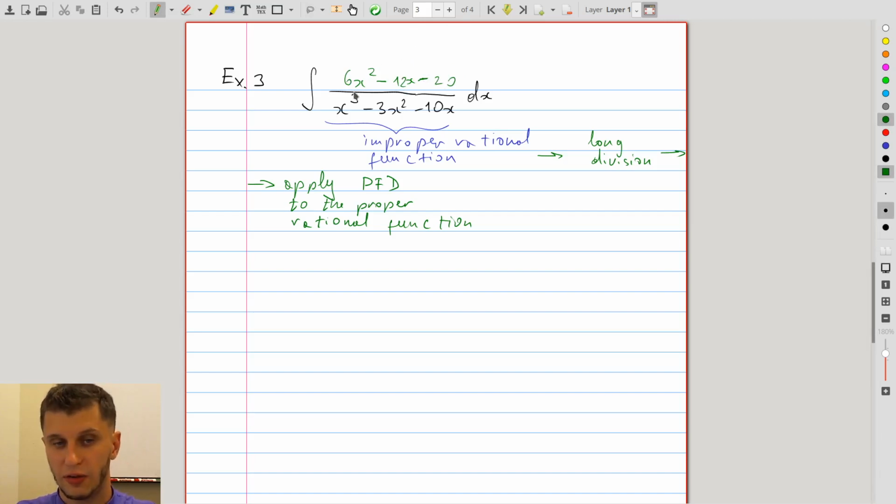So if I had this numerator, then instead of applying partial fraction decomposition, you would be much better off if you just noticed that the numerator is 2 times the differential of the denominator. And the correct way to proceed would be to set u equal to the denominator.